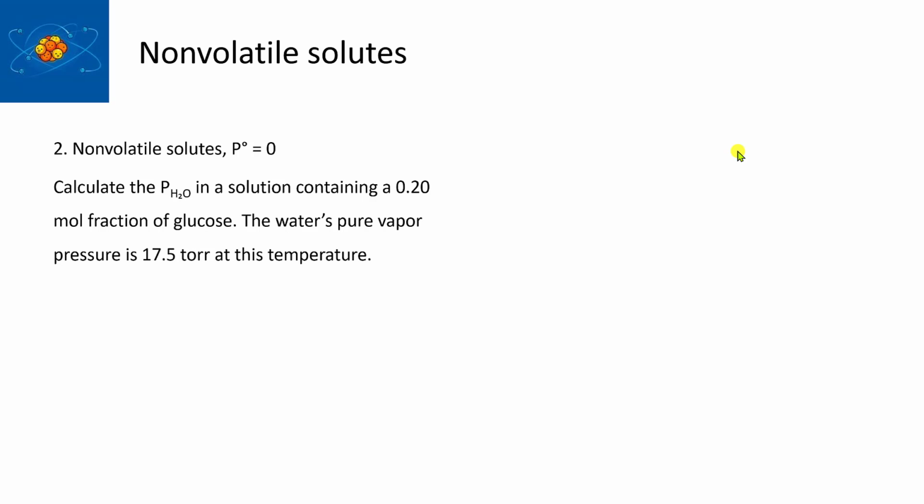Another important application of Raoult's law is when you have a non-volatile solute. So what does non-volatile mean? It simply means it won't vaporize. So when you're looking at a mixture of two substances, the total pressure is going to be equal to the pressure of the non-volatile solute times its mole fraction, plus the pressure of the solvent times its mole fraction.